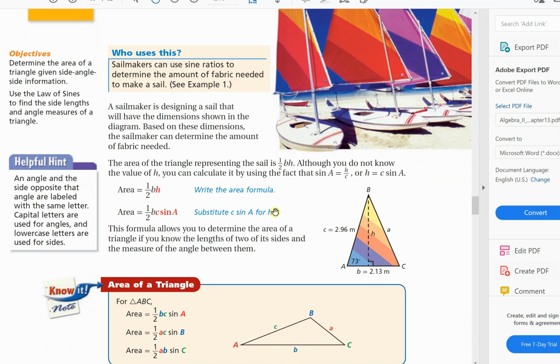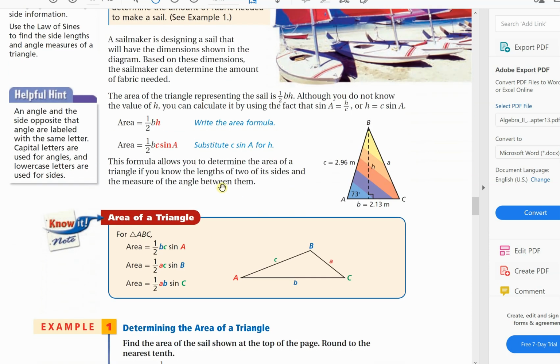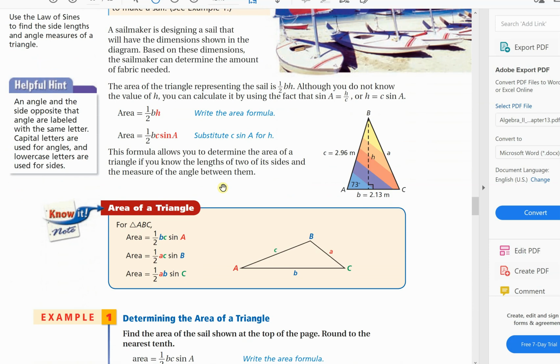So what ends up happening is we get this area of a triangle formula. And it works as long as you know two sides and the angle in between them, we say that's the included angle, you can find the area.